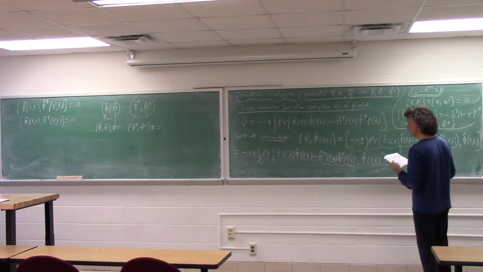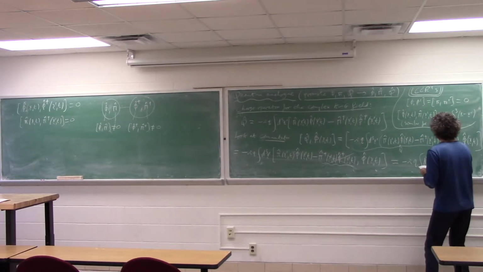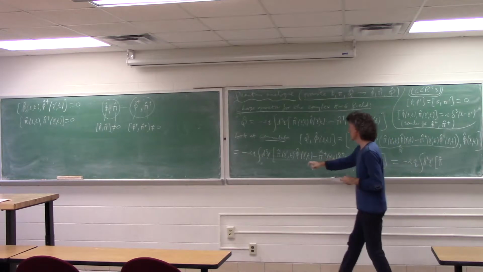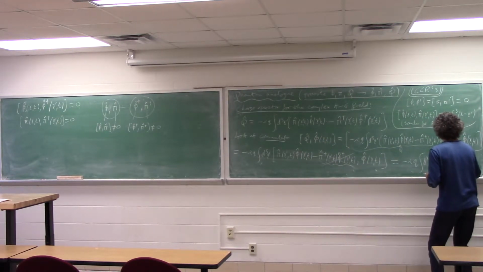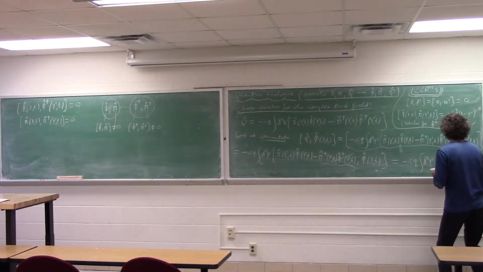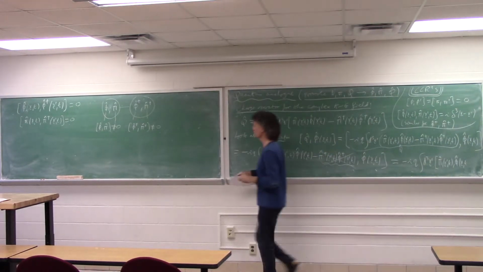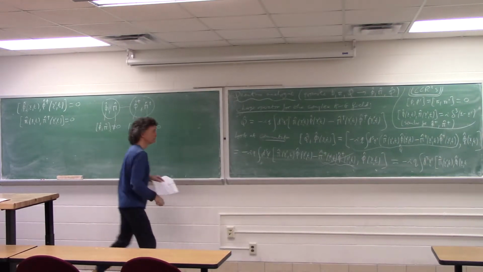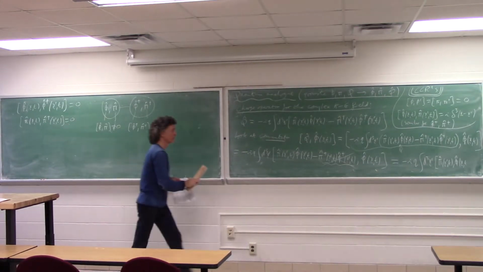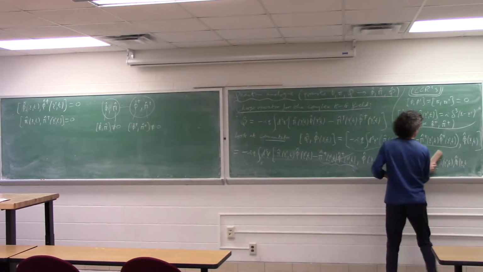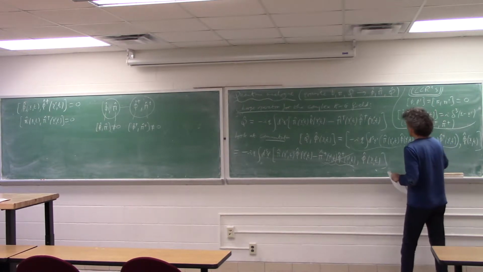what do I have here? Pi hat x prime t commutator with phi hat x. I've run out of space, let me write it over here, going over to the other board.